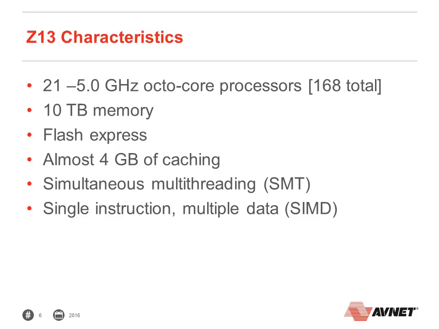There's 10 terabytes of RAM memory available. We have a technology called Flash Express, which is a different way of using solid state in order to store information at very high bandwidths and high speed. We have about 4 gigabytes worth of caching memory available between 4 levels of caching that exist on the Z13 processor.